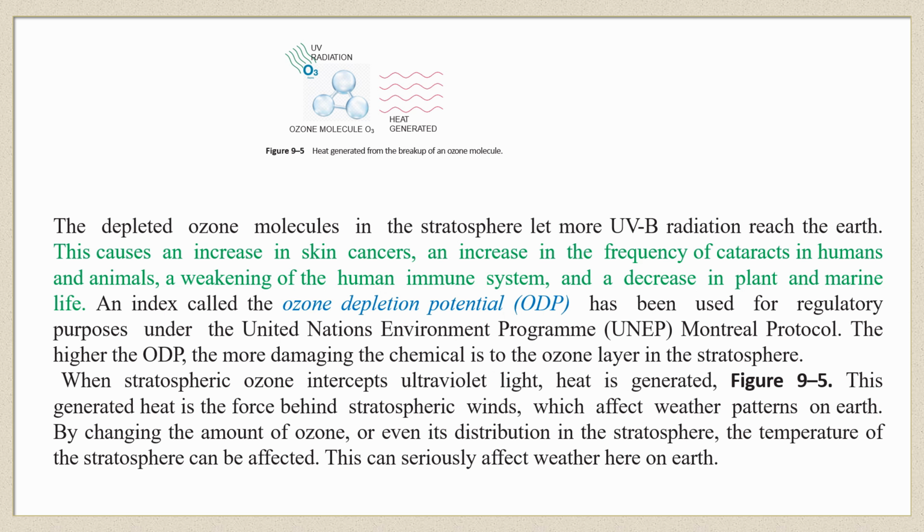When stratospheric ozone intercepts ultraviolet light, heat is generated, figure 9-5. This generated heat is the force behind stratospheric winds, which affect weather patterns on Earth. By changing the amount of ozone, or even its distribution in the stratosphere, the temperature of the stratosphere can be affected. This can seriously affect weather here on Earth.